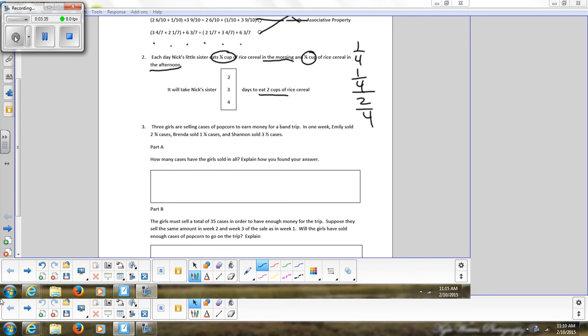How much is 1 cup in fourths? What is a whole in fourths? Luca? In fourths, what does 1 cup equal? No? 1 can't equal 2. What is a whole in fourths? Jimmy? 4/4.